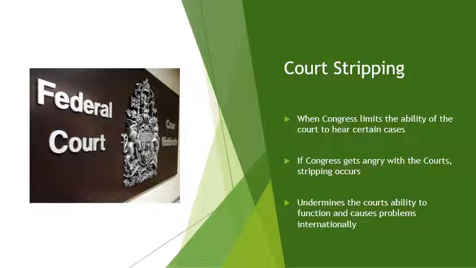They will deny it of the ability to hear certain kinds of cases, which can undermine the court's ability to function and cause problems internationally. If the plan is modeled, other nations' legislatures would not allow the courts to hear certain kinds of cases.